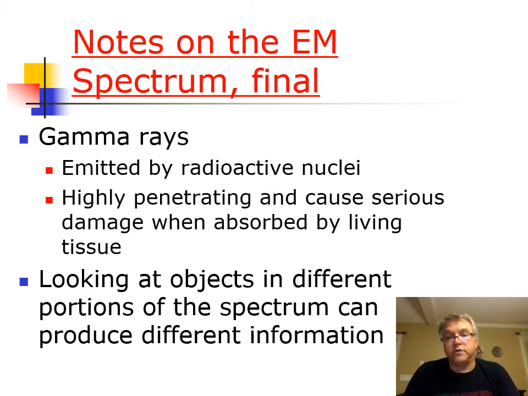So we have telescopes that use visible light, like a typical telescope that you would think of, but we also have radio telescopes that look at radio waves. We have X-ray telescopes, and we have microwave telescopes, and they sometimes train all those different telescopes on the same object, and those different telescopes will give us different bits of information about that same object. So I think that's kind of cool.